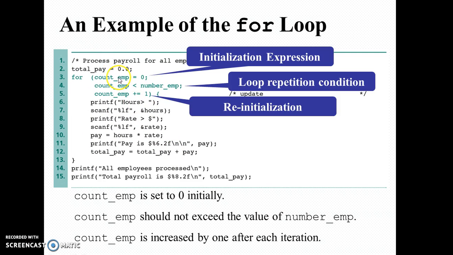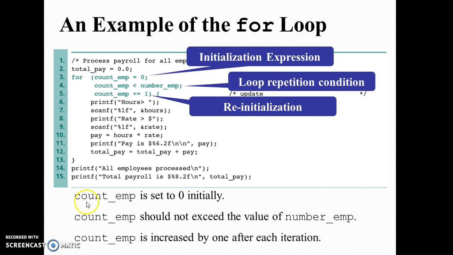So what does this basic for loop do? It is counting the number of employees until the employees have been exhausted. We are printing out the number of hours, the rate they are charging, and the pay they are eligible for. And once you are done with this, you are printing the total pay.